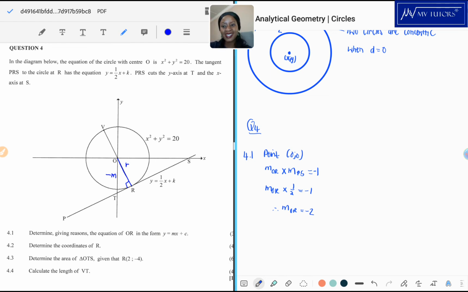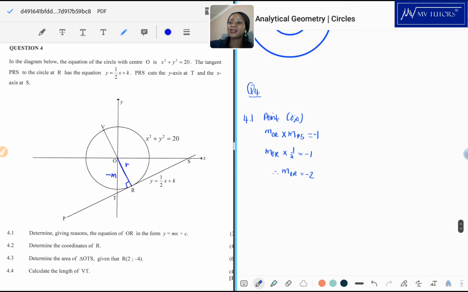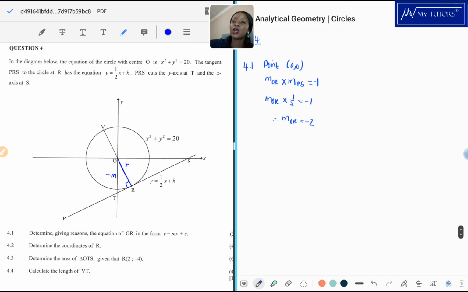So I have a point, I have a gradient, we can get the c, okay? So y is equal to mx plus c. What is the y coordinate? 0. The x coordinate is going to be 0. My gradient is negative 2 plus c, so c is going to be 0.